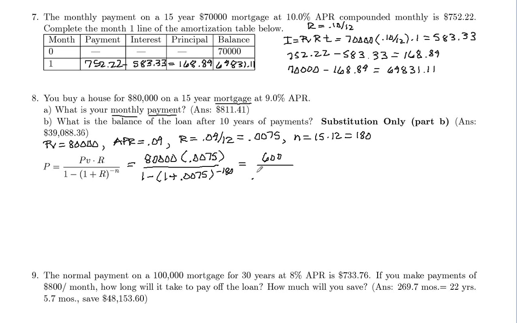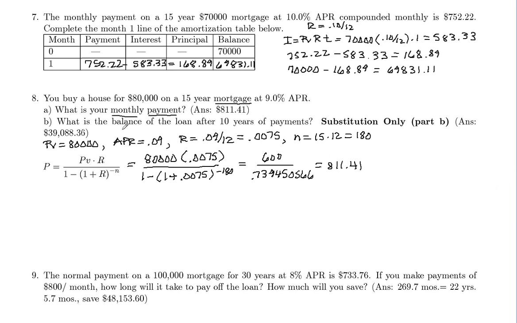If you do that, you get 0.73945 0566, and you want to carry those digits out. If you're copying intermediate answers and then you divide, you get 811.41. So there's your 811.41. That's your monthly payment.